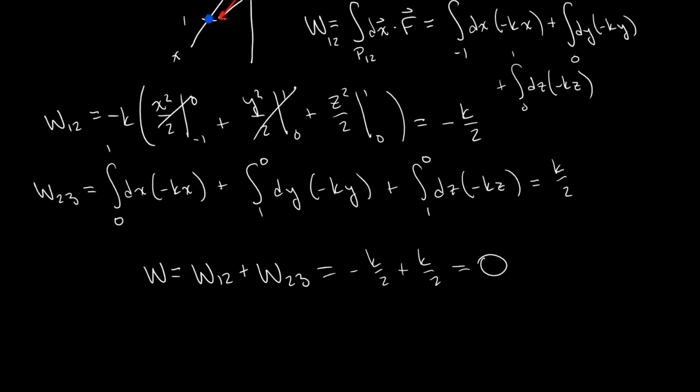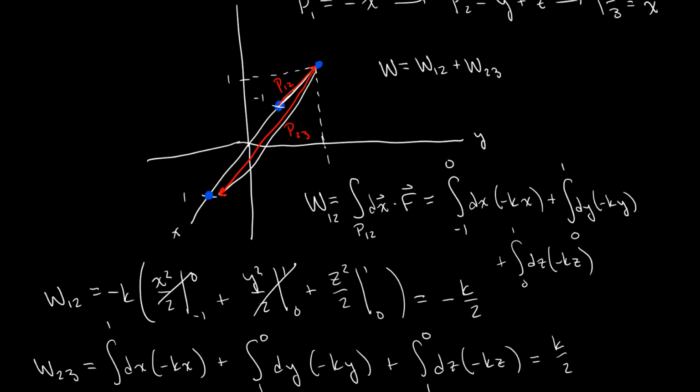So along this particular path, we found that at the end of the day, we've done 0 work. Basically meaning that as we go along this first part of the path, in some sense, some parts of the force are working with us, and some parts of the force are working against us. And then we just sort of flip that sign when we go along the second path.